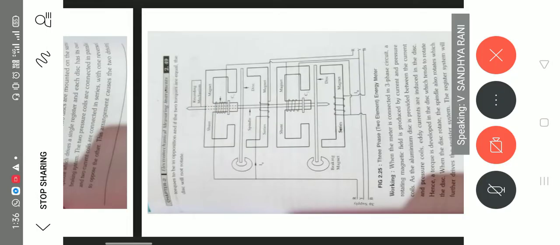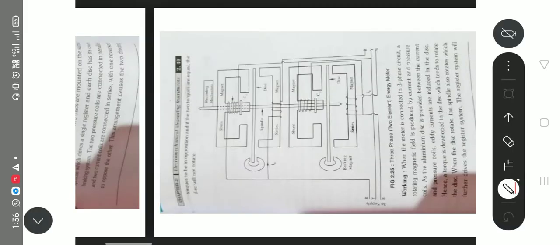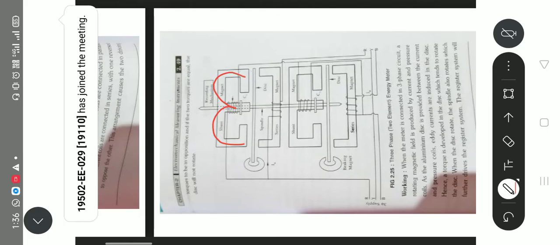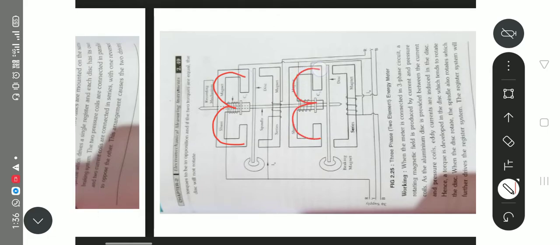Here we connect the two pressure coils in parallel to the load. These two pressure coils are connected in parallel. The pressure coils are wound on shunt magnets, which are in the shape of M. In this M shape magnet, on the center limb we connect the pressure coil. This is the pressure coil.